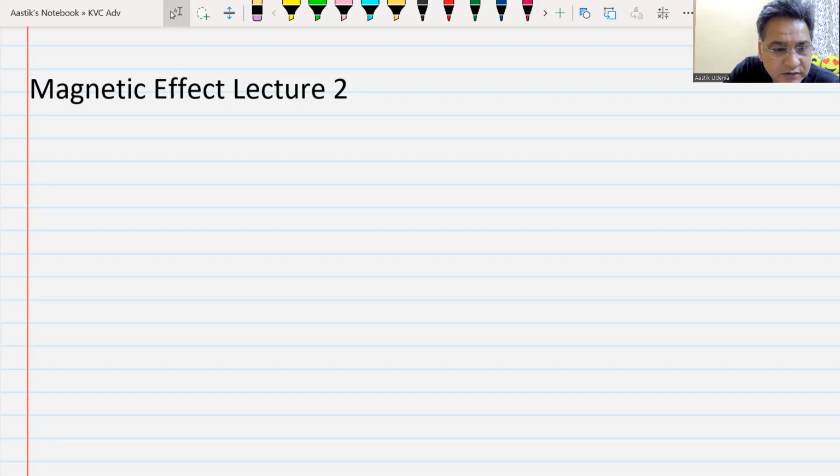Okay. Now, we can move ahead and see how a current produces the same effect as a magnet, that is known as magnetic effect of current.